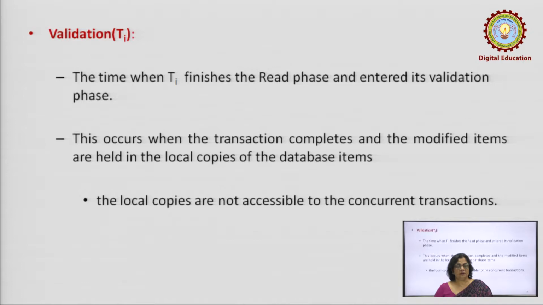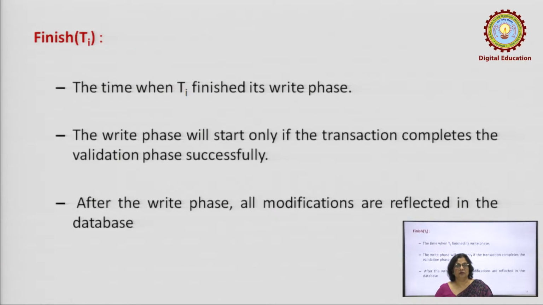This occurs when the transaction has completed the changes in the local copies of the variables and the modified items are held there. The local copies are not accessible to the other transactions that are executing concurrently. The finish timestamp is the timestamp when Ti finishes its write phase. The write phase will start only if the transaction completes the validation phase successfully. After the write phase, all the modifications are reflected in the database.